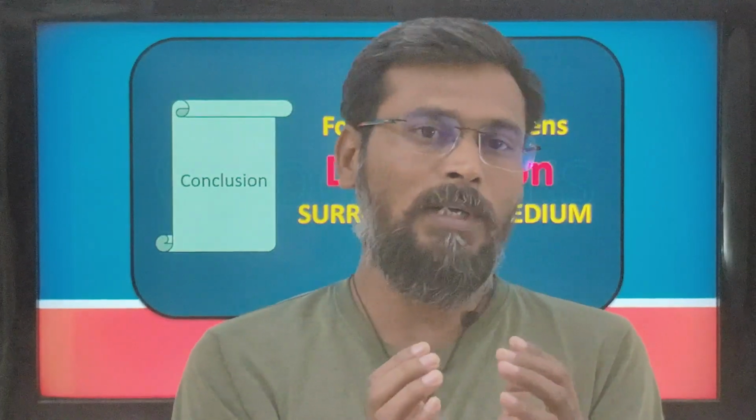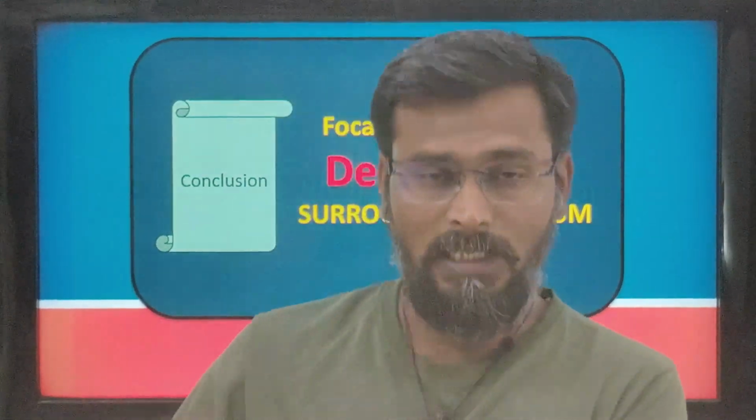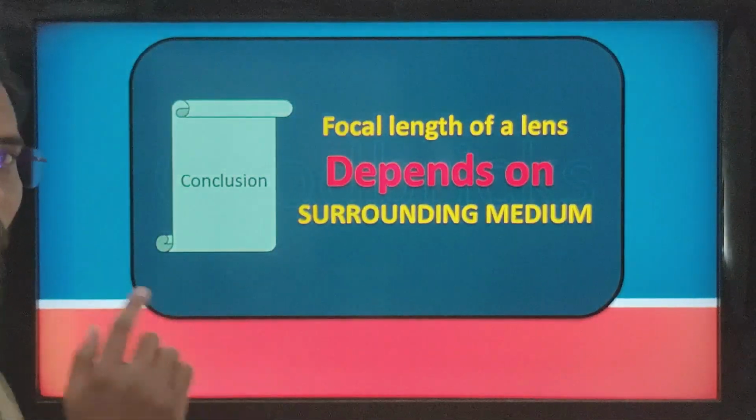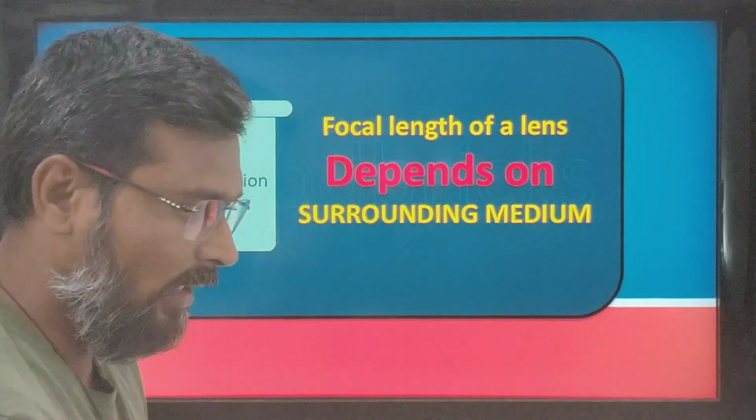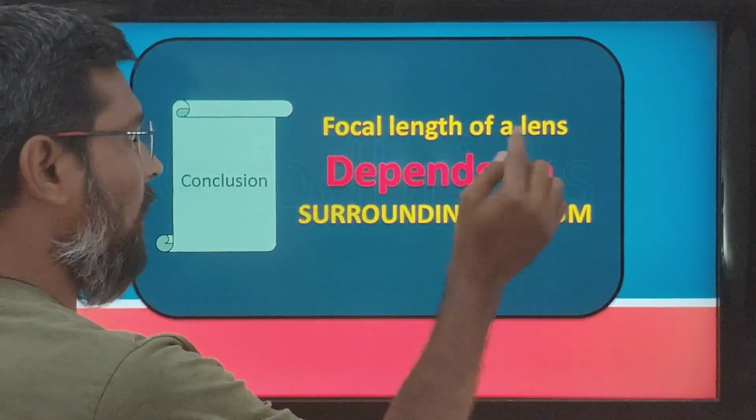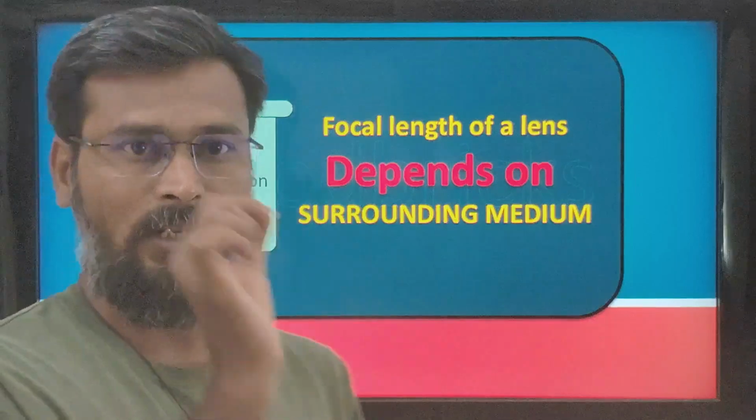If you take the same lens and put it in diamond or kerosene or any other transparent material, then its focal length definitely changes, and that is the conclusion of this question, activity and topic. So once again I am repeating, the conclusion is focal length of a lens depends on the surrounding medium.